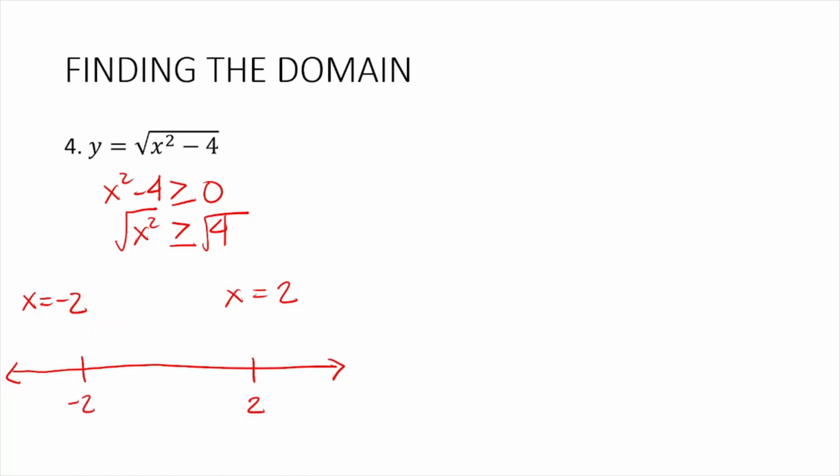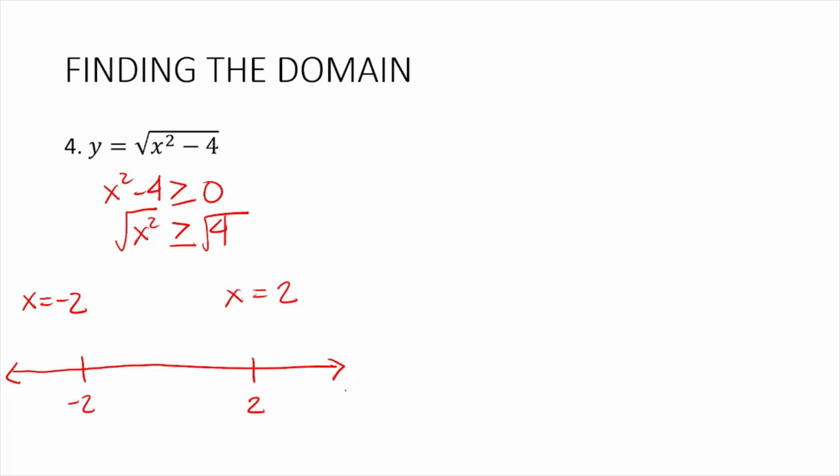Because of these values, x equals negative 2 and x equals 2, the number line is divided into 3 regions. From the 3 regions, we can generate 3 intervals: negative infinity to negative 2, then negative 2 to positive 2, and then positive 2 to positive infinity.